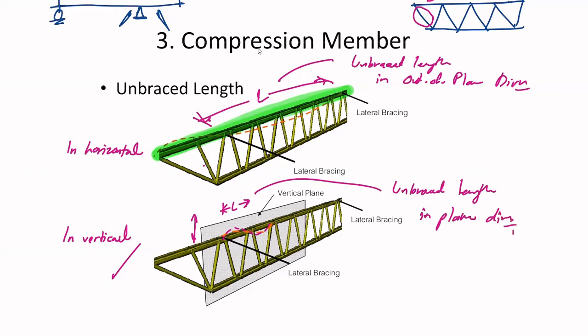All right. So you okay? Try to think of your top chord member that can move up or down or move left or right. When it moves up or down, you can say it buckles in plane, because up and down is simply in this gray plane.